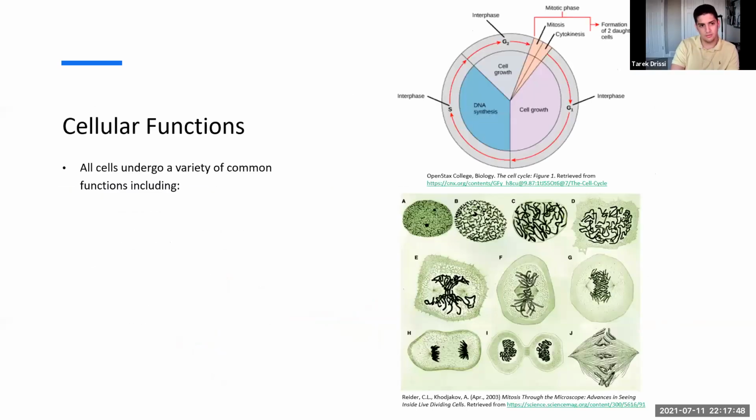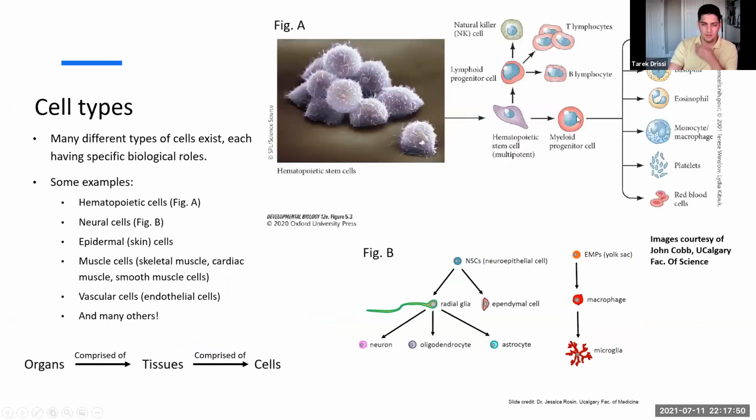So let me go back to this slide. Let's say we have a lot of neurons. What will go on in the neurons? Every single neuron will be similar. They'll be expressing similar genes, with similar genes on and similar genes off, in order to identify that cell as a neuron, so that cell can function as a neuron.